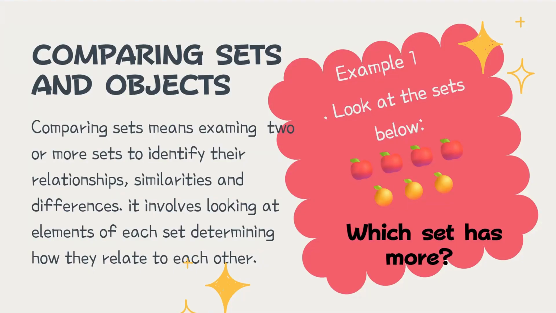Now, look at the example to the right of the image. What difference can you see? Tell me, what are you seeing? Students? You see that there are more apples compared to oranges, right?